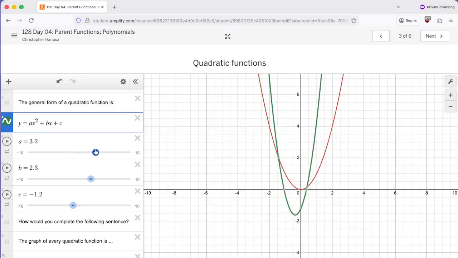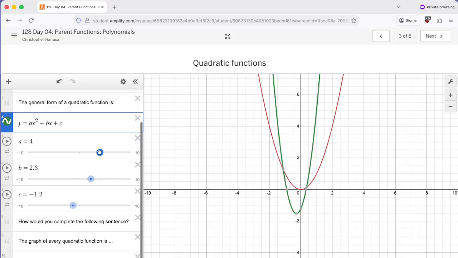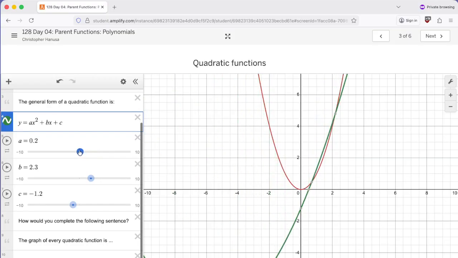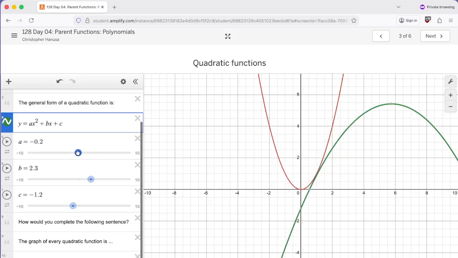Well, when a gets really, really big, the function gets really, really narrow. As we change a, it gets wider and wider and wider, and then it turns upside down. Okay, but when does that change? It changes when a is negative.